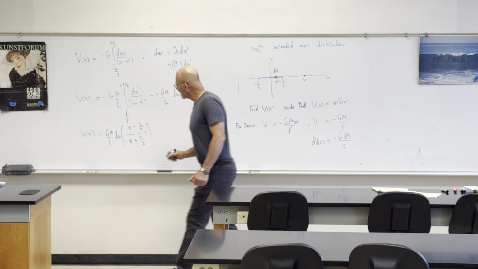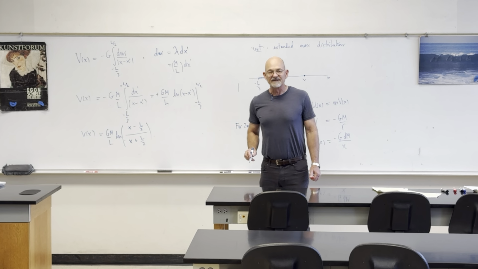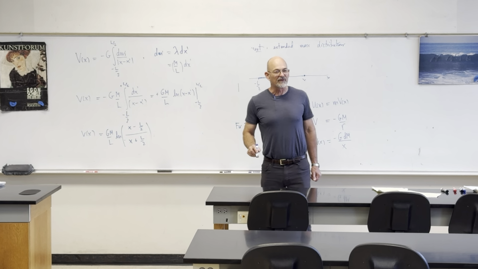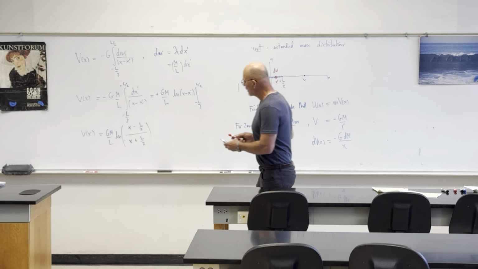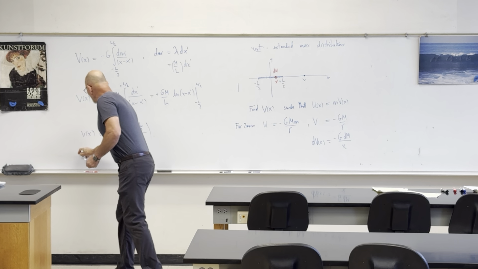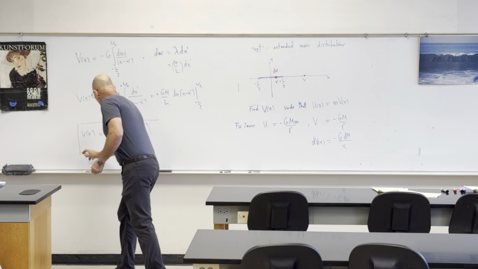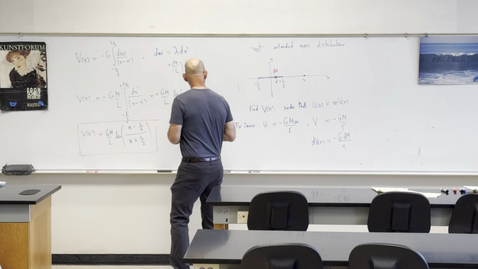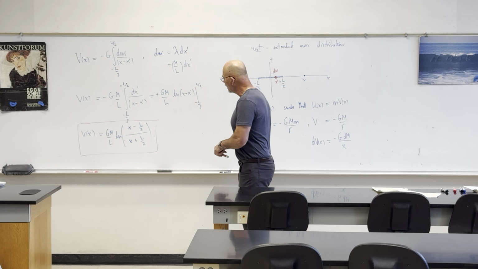Now, as is often the case with these reasonably simple things, there's already an expression you can't really just look at and make heads or tails of. So we're going to manipulate this a bit and turn it into something that we recognize.